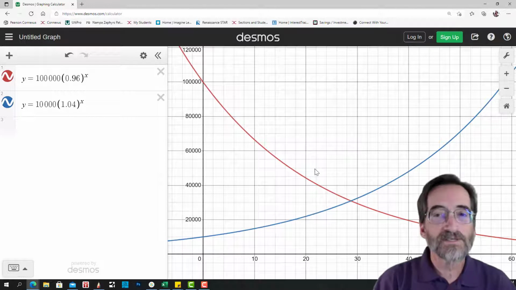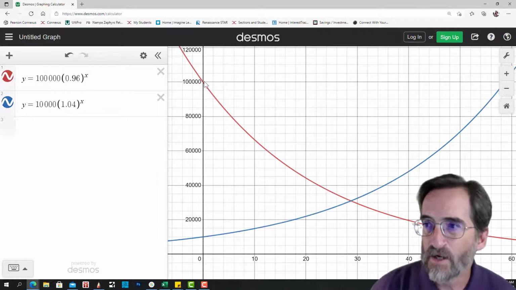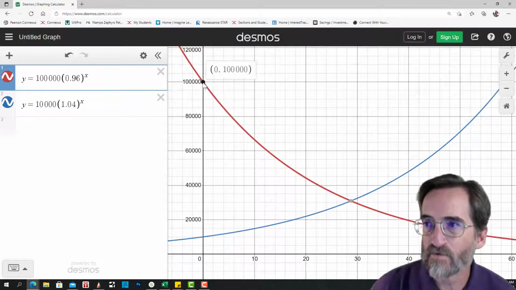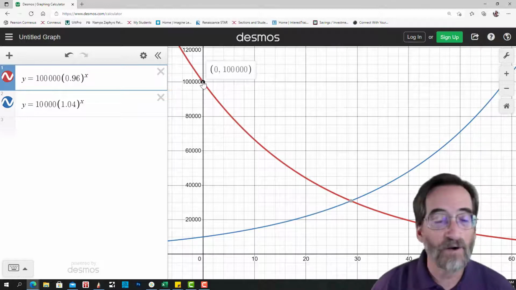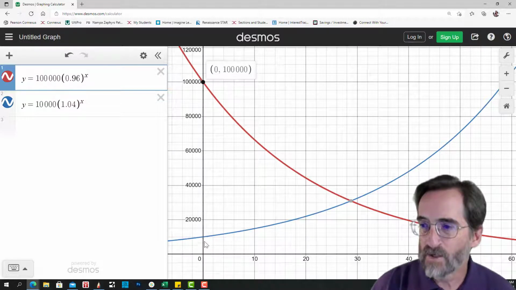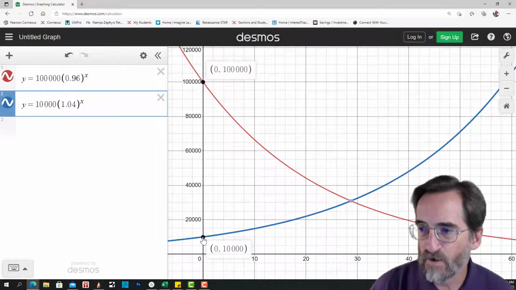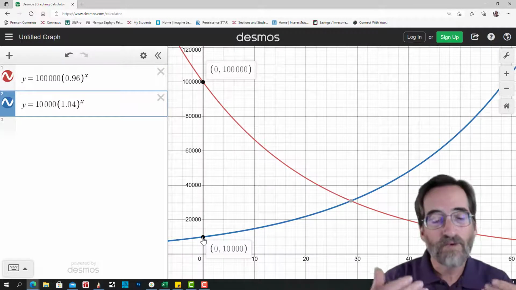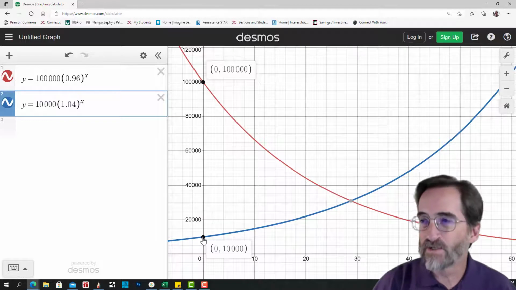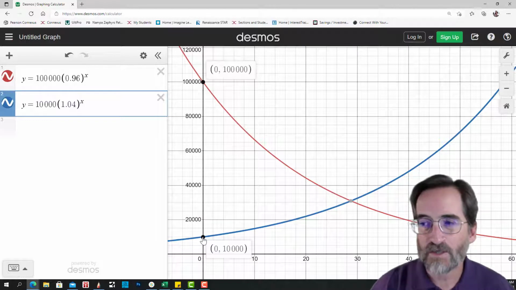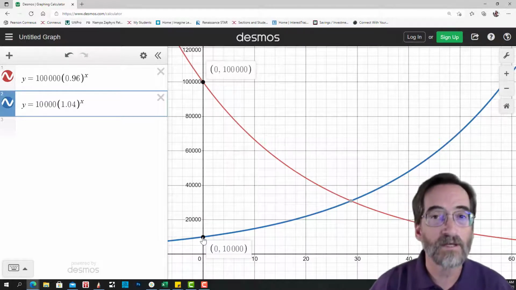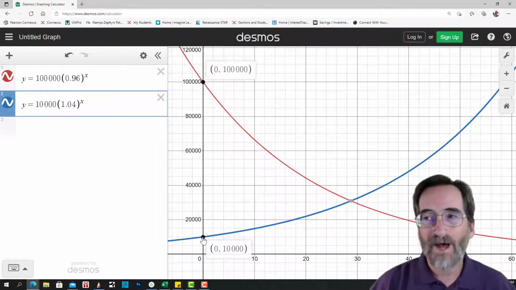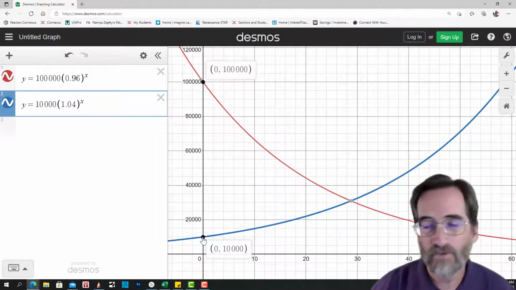As you can see, the population of Boomtown starts at 100,000. Population of Smallville starts at 10,000. The population of Boomtown is decreasing, while the population of Smallville is increasing. As you can imagine, they're going to have the same population somewhere.